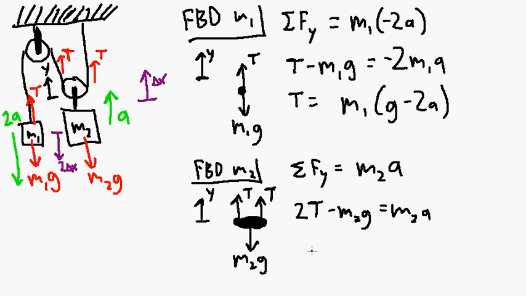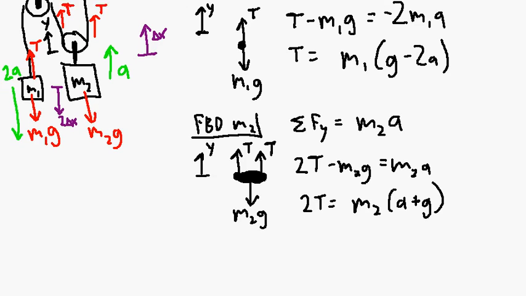So now we can say 2T equals M2 times A plus G, because we bring this over and it becomes positive. So that's all hunky-dory.